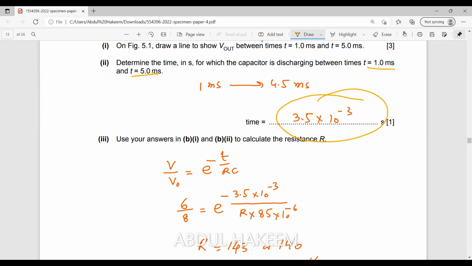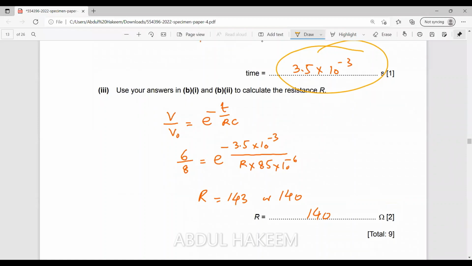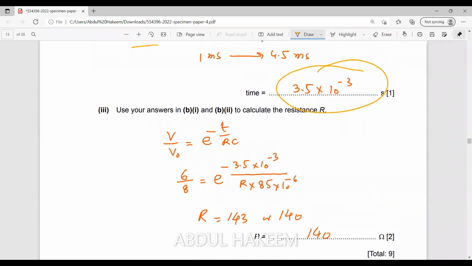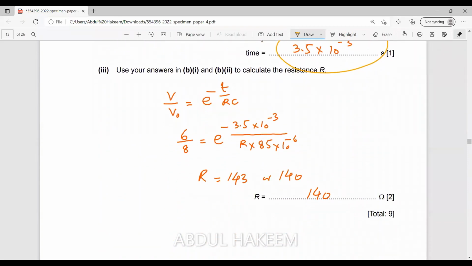V naught is the original actual voltage, V is after discharge, R is resistance, C capacitance, and t is the time taken for this discharge. So 6 divided by 8, e power, time taken is 3.5 into 10 power minus 3, resistance required, and this is 85 micro. So 85 into 10 power minus 6. So when it is simplified, the answer is coming 143, which can be written as 140 in two significant figures.